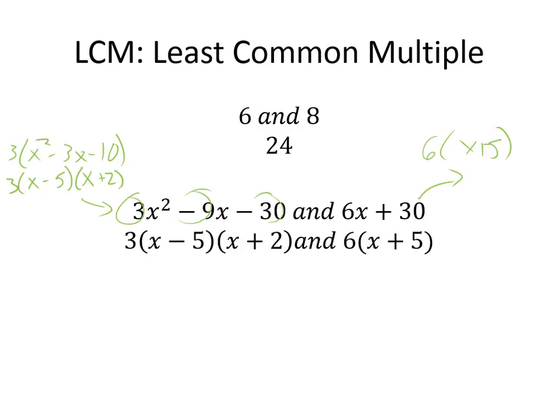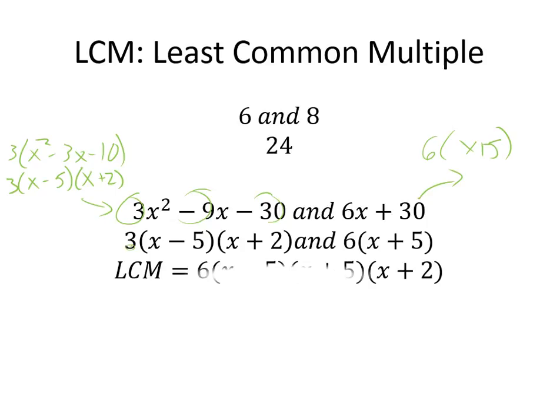Now, when you are looking for the least common multiple of two polynomials, you're going to see if there are any repeats. In this case, the only real repeat here is the 3. If there are no repeats, you just list every single possible one out there.